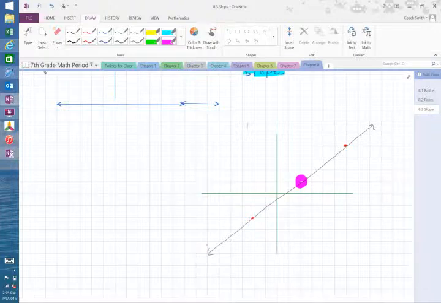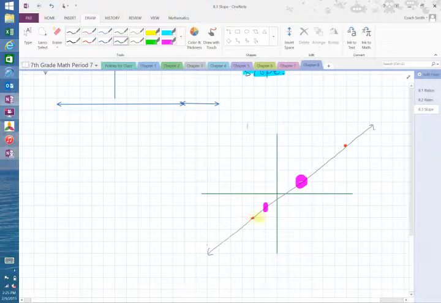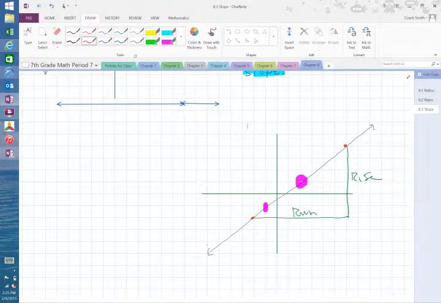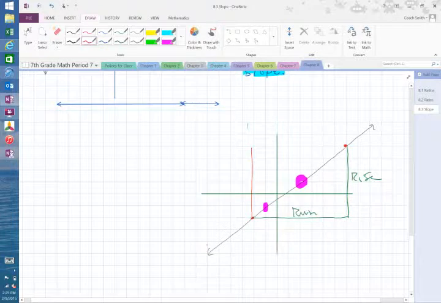In other words, where the two lines intersect, I can use that point to figure my slope. But in this one, it's just easy to take those two points right there, connect them, and here's your run, and here's your rise. You could take it and go here and here. Either way, it's going to be the same.